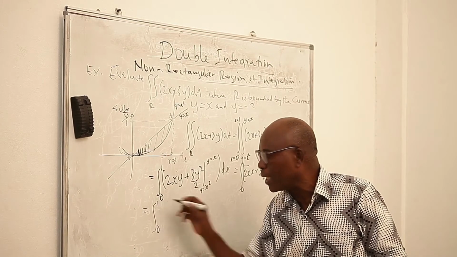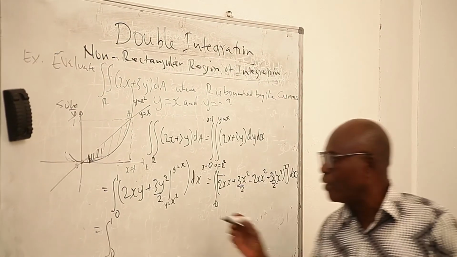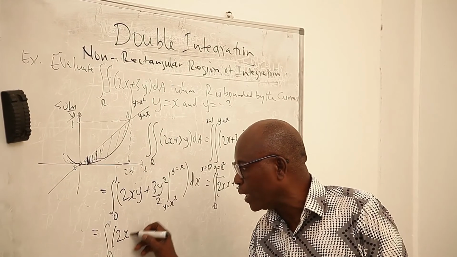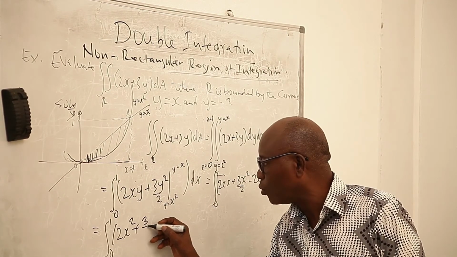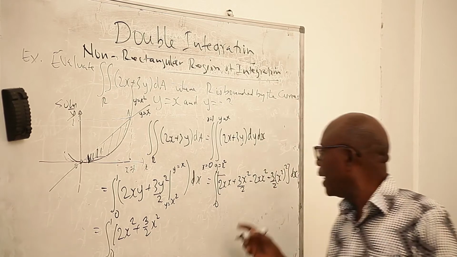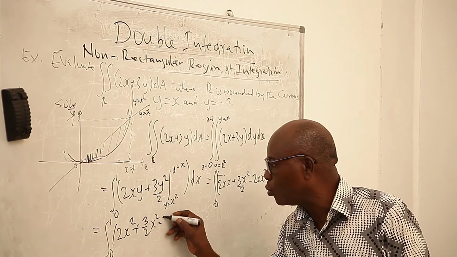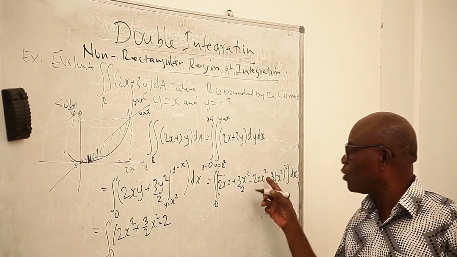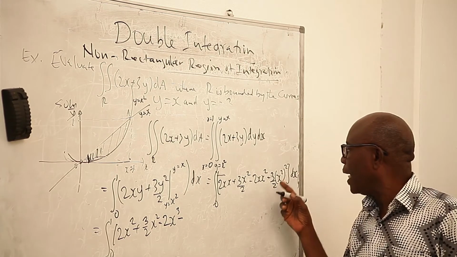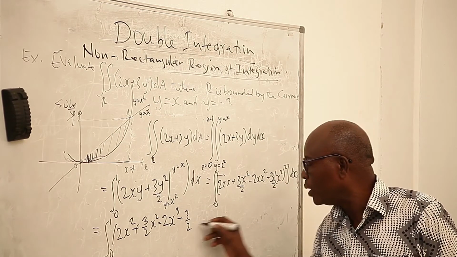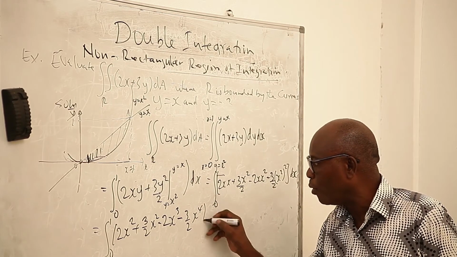And then so next is to tidy up. Let's tidy up quickly and see what we have. So 2x times x will give us 2x squared, then plus 3 over 2 x squared, then minus 2x cubed, minus 3 over 2 x raised to the power 4, all dx.